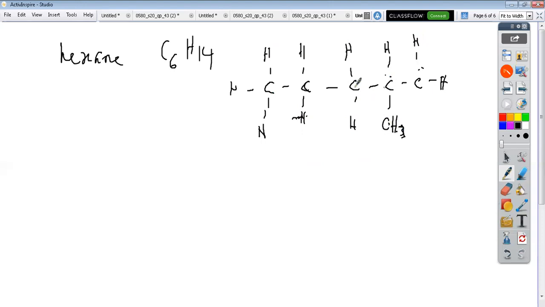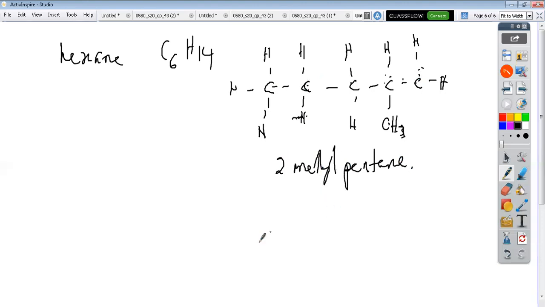It's not position 4, it's position 2, shortest distance. If we put the CH3 there, it is shortest distance, position 2. So that doesn't change. So it's 2-methyl. 1, 2, 3, 4, 5. Clear, Makanaka?